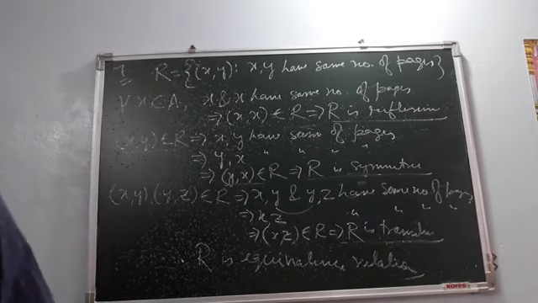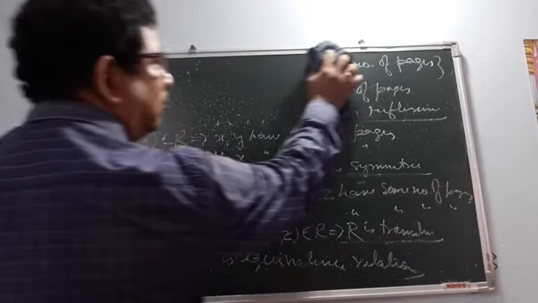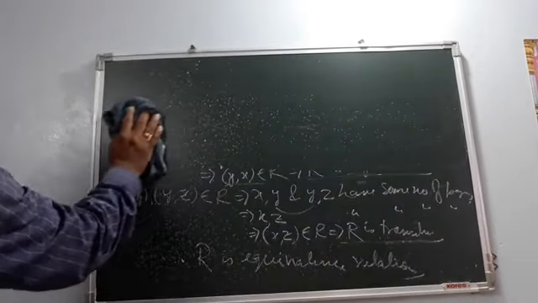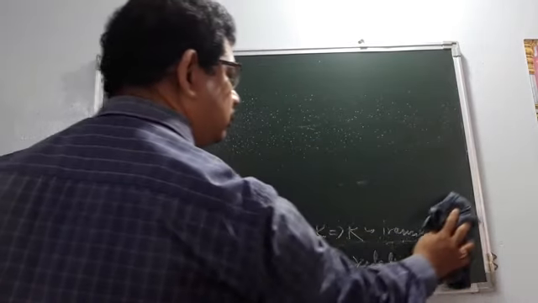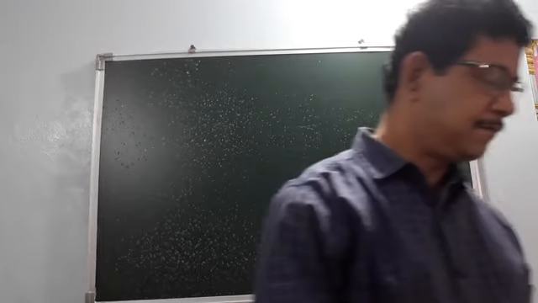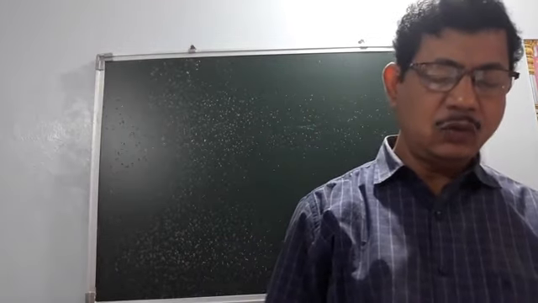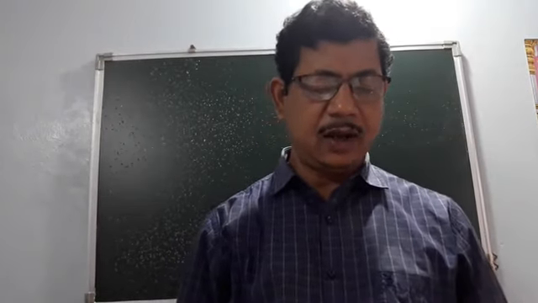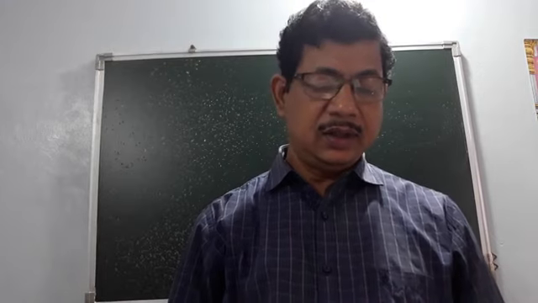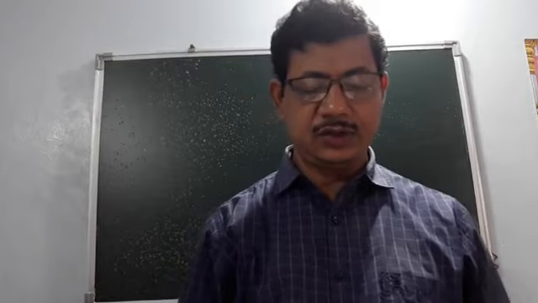Well, now we will do the next question. Question number 8. Show that the relation R in the set A equal to {1, 2, 3, 4, 5} given by R equal to {(a, b): |a minus b| is even} is an equivalence relation.